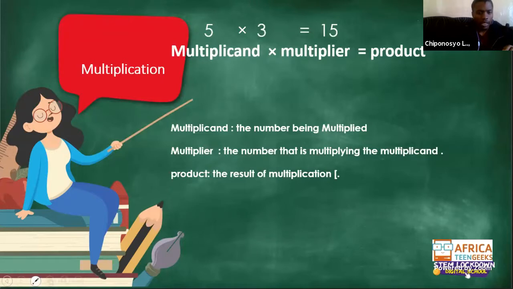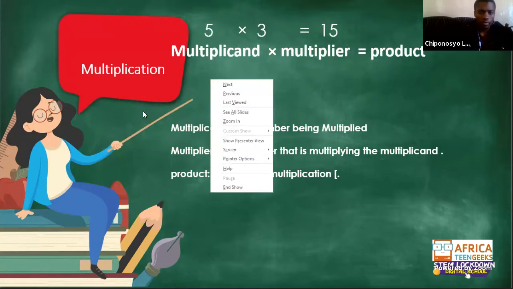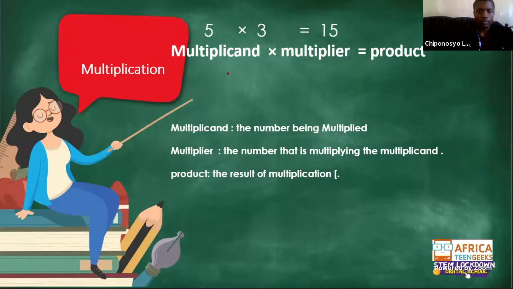What do I mean? If we were to say 3 times 5, 3 times 5 and 5 times 3 give us both the same answer. Right.